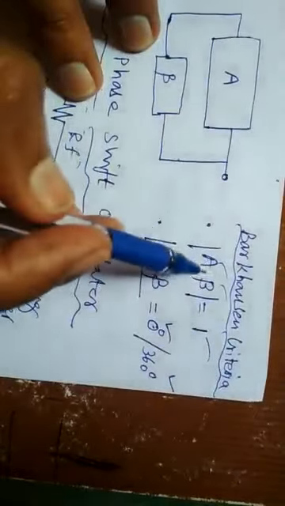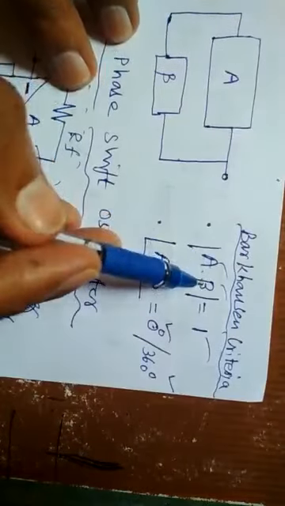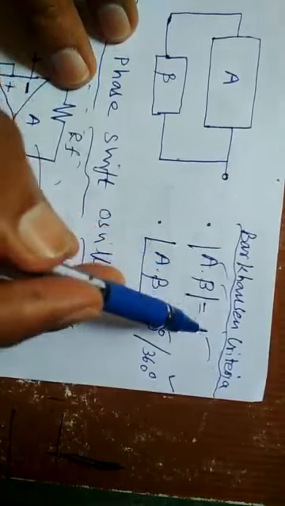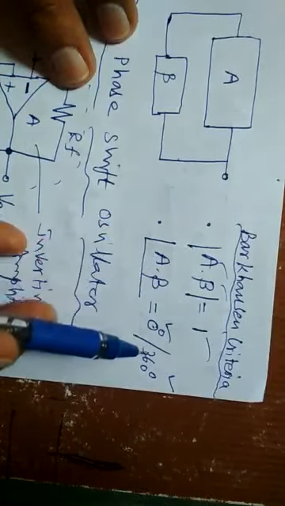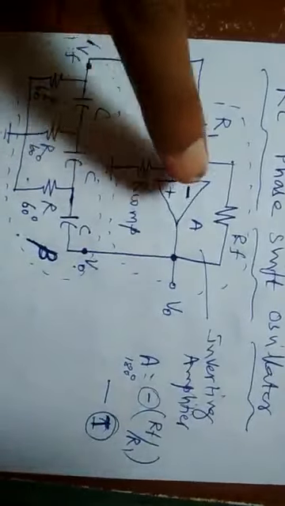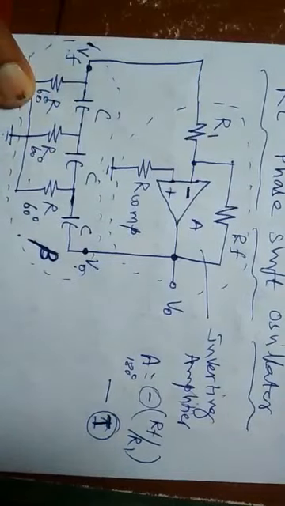these two conditions, that is the product of forward path gain and feedback path gain is 1, and the angle between the forward path and feedback path is 0 degree or 360 degree by choosing these two networks. This is 180 degree phase shift, and this is having 180 degree phase shift. So the phase shift is 0 and the gain product is 1.